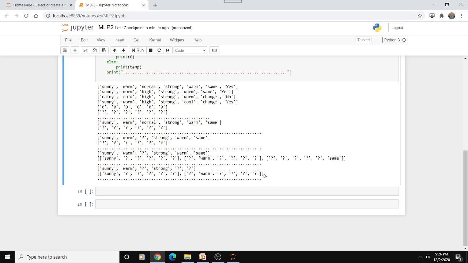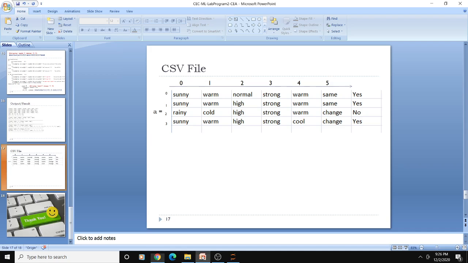So finally this is going to become the maximally general hypothesis, and this is the maximally specific hypothesis. So this is the output for this lab program. That is all about lab program 2, where you implement the candidate elimination algorithm.